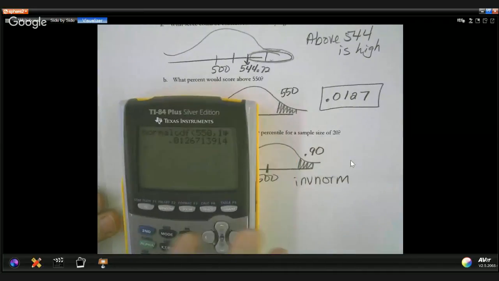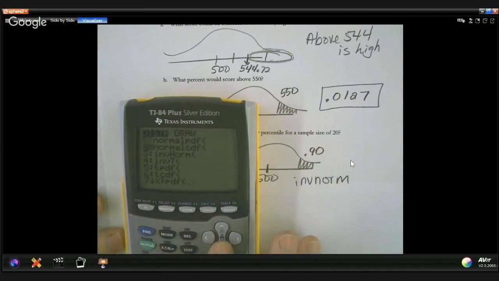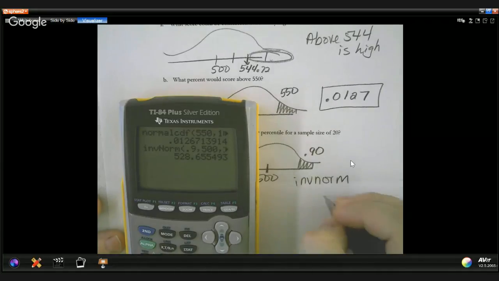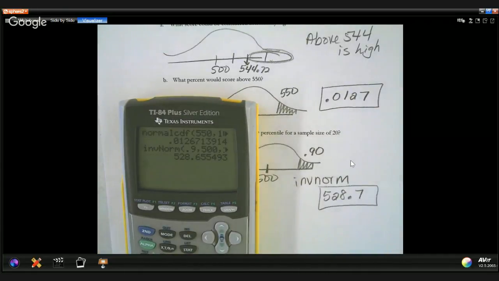And so inverse norm, my percentile is 90%, my mean is 500, and my standard deviation is still the same for that sample. And so a cutoff of 528.7 is going to be the 90th percentile.